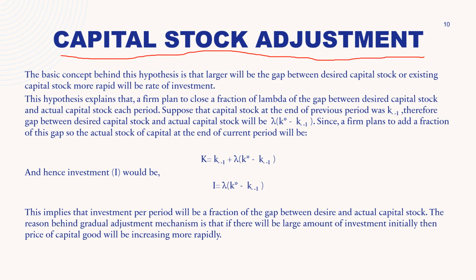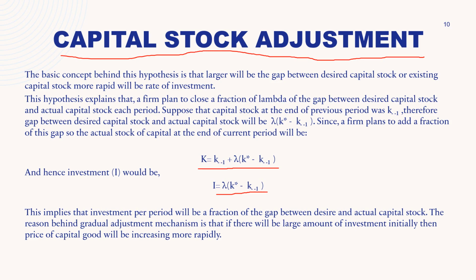Since a firm plans to add a fraction of this gap, the actual stock of capital at the end of the current year will be K, which is equal to last year's capital plus lambda (K star minus K minus 1), and hence investment I will be lambda (K star minus K minus 1), where the value of lambda lies between 0 and 1.